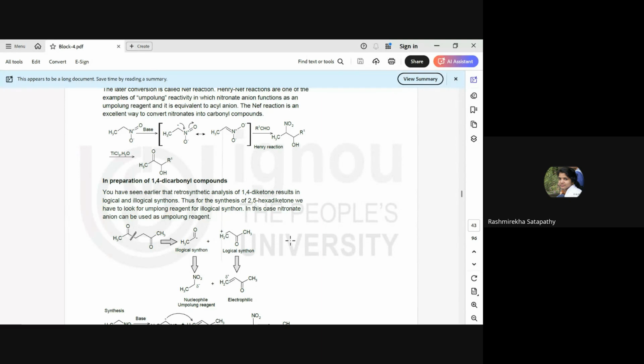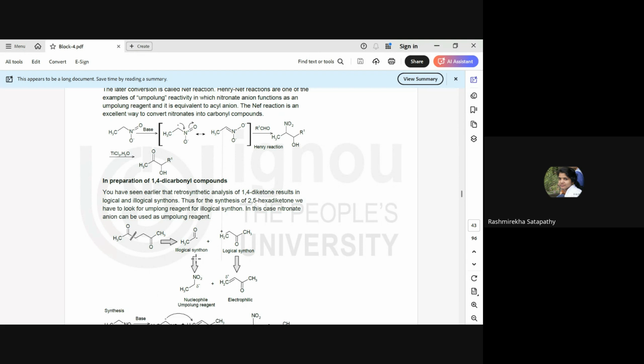1,4-Dicarbonyl compounds. You have seen earlier that retrosynthetic analysis of the 1,4-diketone results in logical and illogical synthons. Thus, for the synthesis of 2,5-hexanedione, we look to the Umpolung reagent for the illogical synthon. The nitronate anion can be the Umpolung reagent.